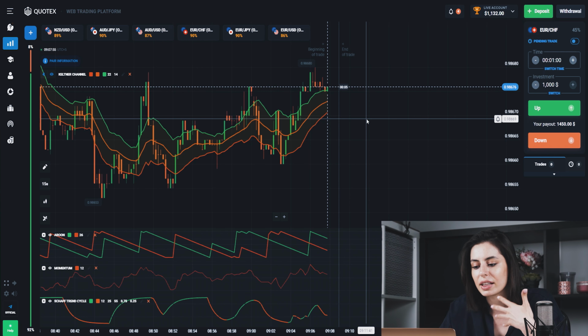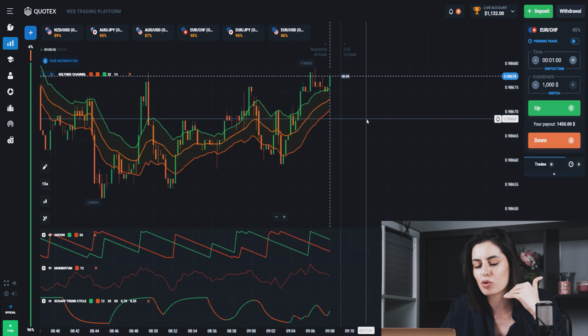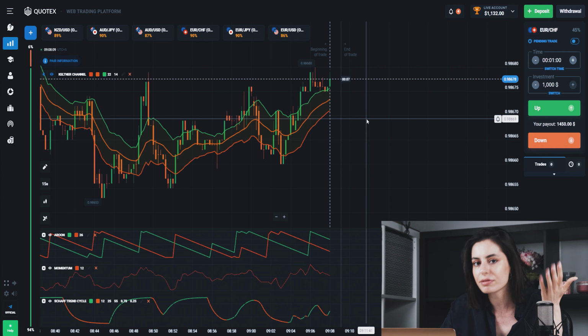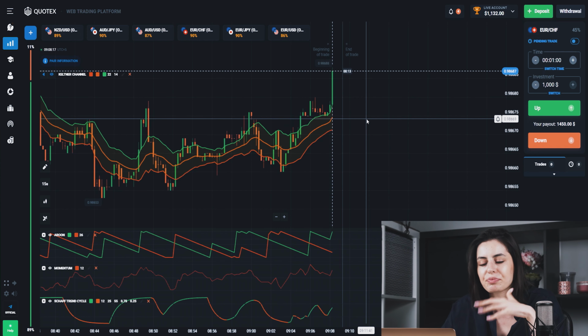The main thing about this indicator, the theory, is that the candles of the chart are striving to be inside of this indicator. When we see, for example in the higher part, the candle crossing the Keltner channel and going above it, we are expecting that the candles are going to get back to the channel. But we can't predict the timing.